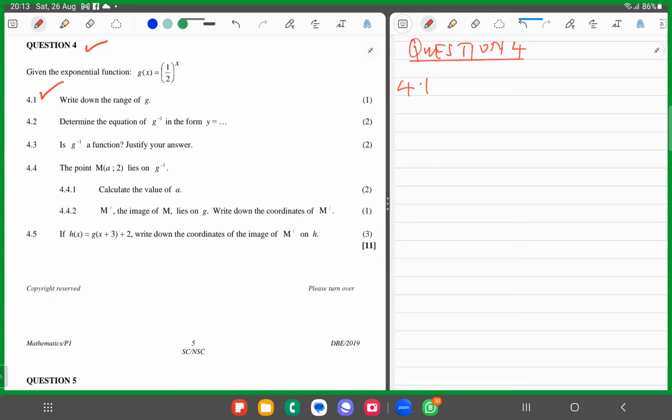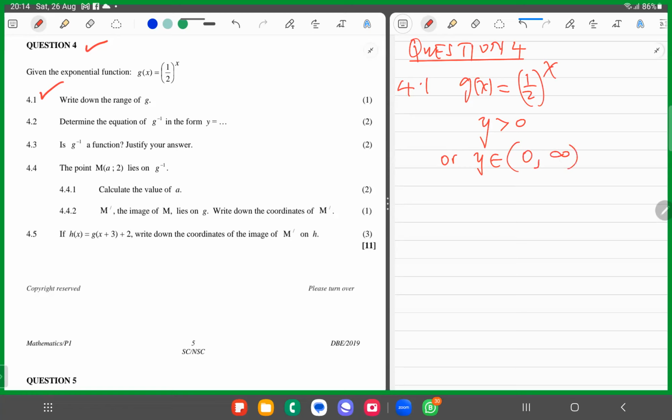Now, what is the range of this function? It's the set of y values. Most importantly, the range of the function g of x, which equals 1/2 to the power x, consists of all y values strictly greater than 0. You can also say it consists of all the y values from 0 to infinity.